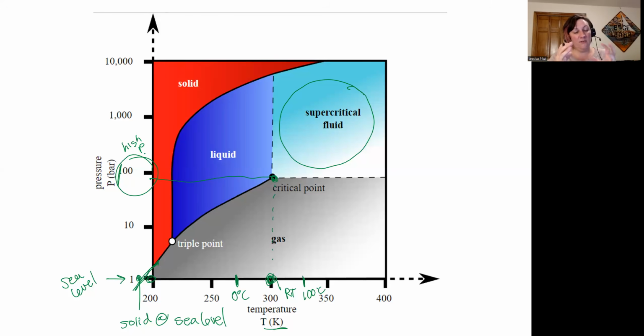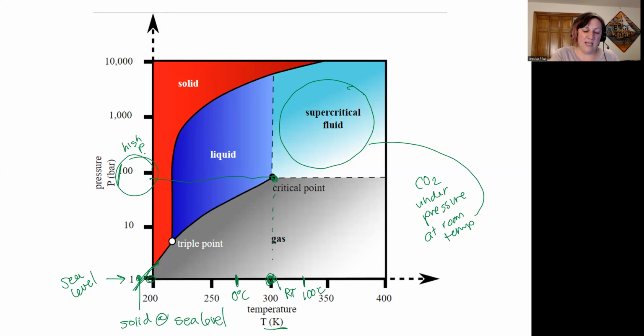We can do that by putting it in a vessel that restricts the volume, and pressure will build up, higher and higher, until you have a supercritical fluid. So we just need to put carbon dioxide under pressure at pretty regular temperatures to make it a supercritical fluid.